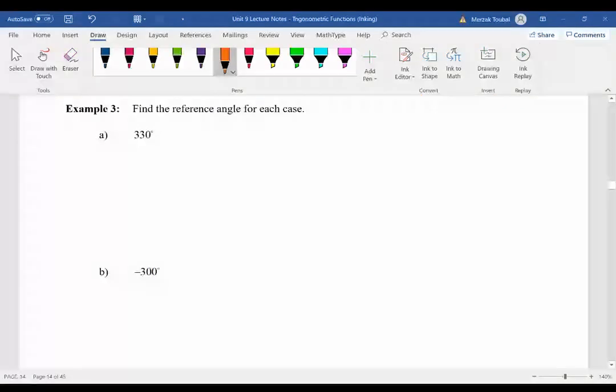Example 3 says find the reference angle for each case. 330 degrees. Maybe a graph will help.